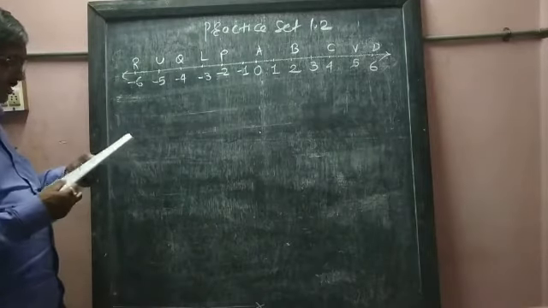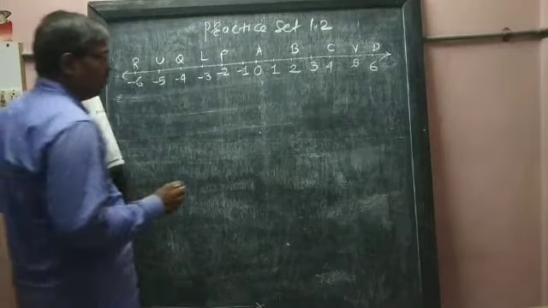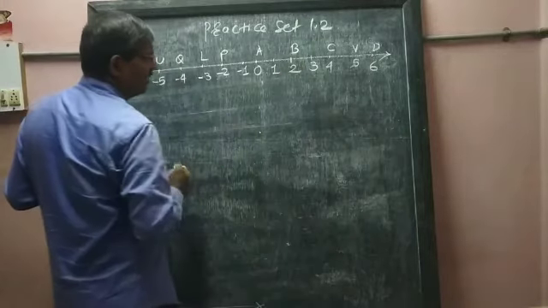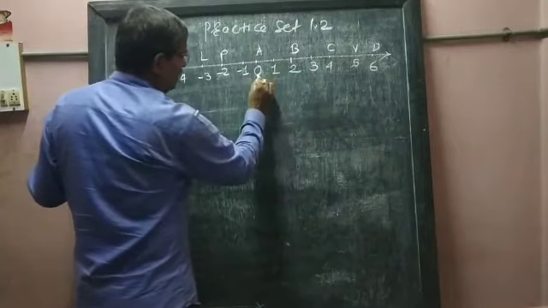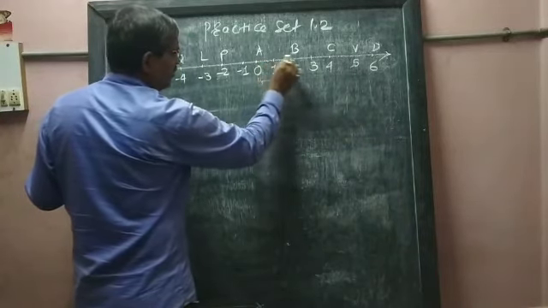The first question is to state the points which are equidistant from point B. From point B, who are at equidistant? Here 2 units distance is there, B to A 2 units distance, and here also.